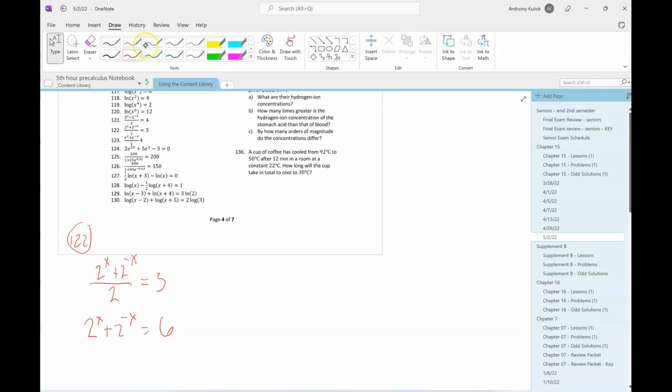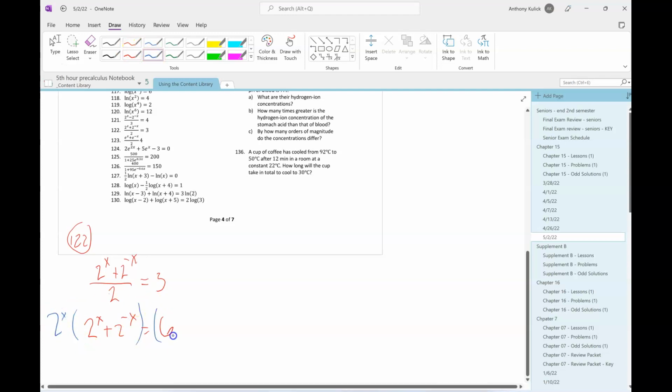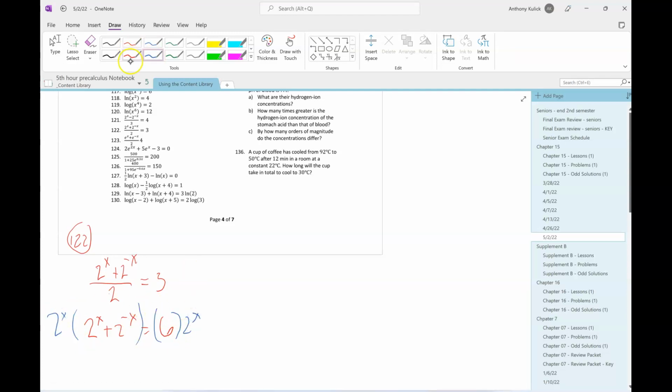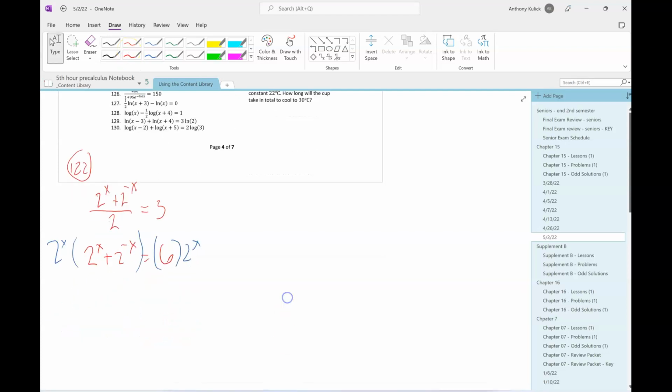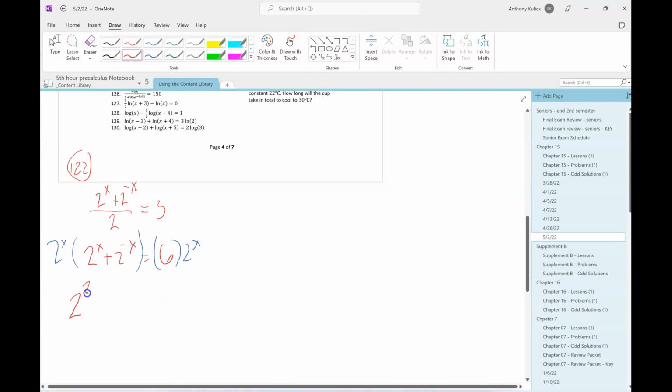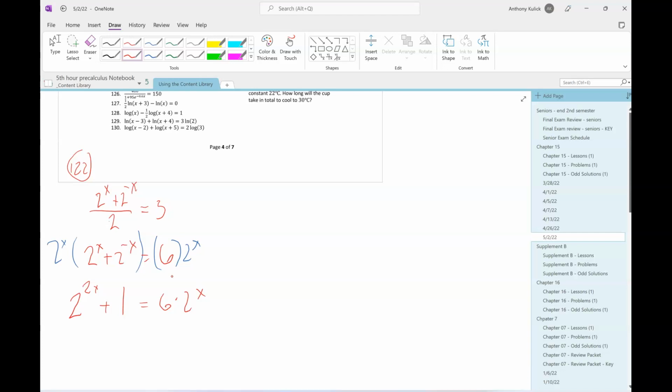And then the next thing I'm going to do is multiply by 2 to the x to both sides. The reason I do that is that it eliminates the negative exponent. Victoria, are you cool with what I did there?